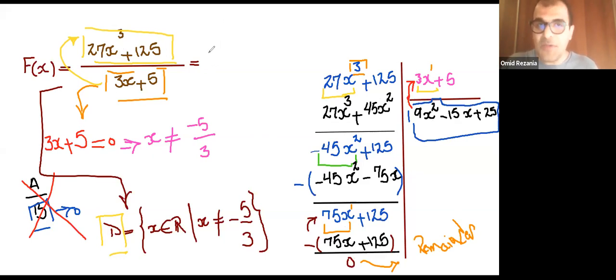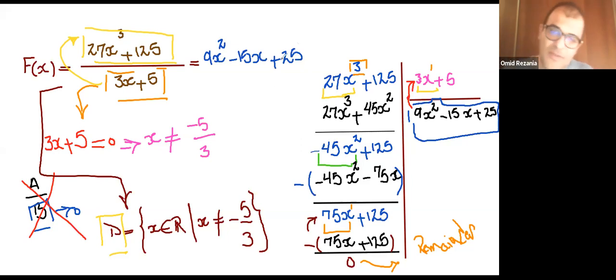Then I can simply write here 9x squared minus 15x plus 25. You should be surprised to see that this is exactly the second plot that we had here, and I called that g of x. Do you remember that on the Desmos?